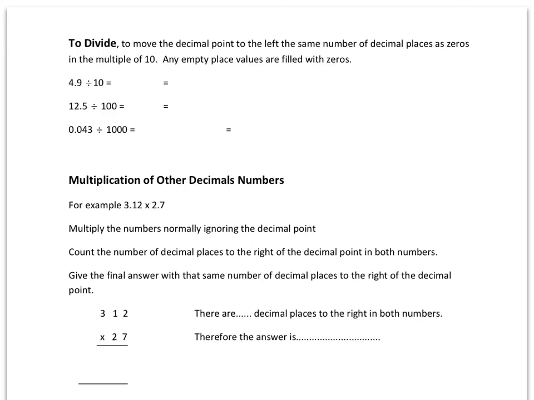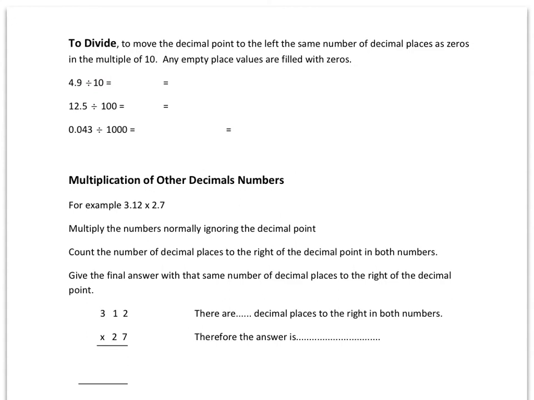So when we divide by multiples of 10, the decimal point moves to the left, the same number of decimal places as zeros in the multiple of 10. So for instance, if we start with the number 4.9, the decimal point is now going to move to the left one place because 10 just has the 1 0.